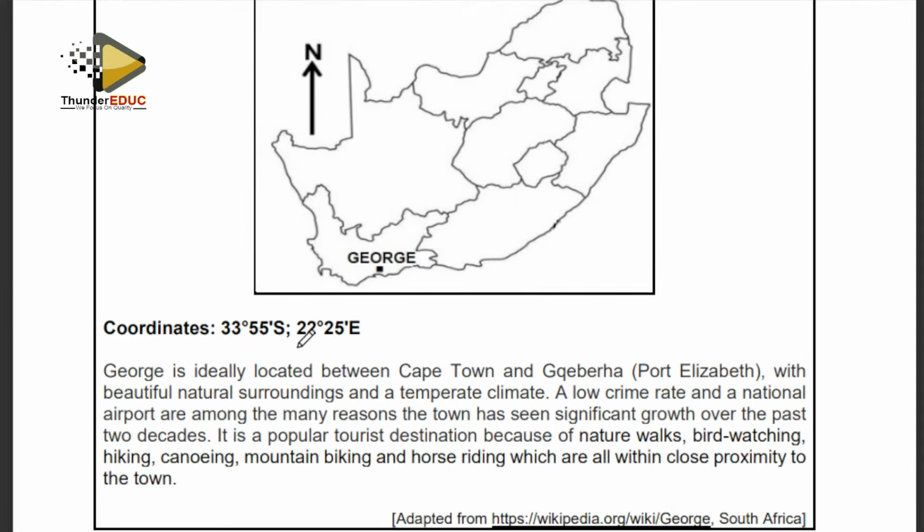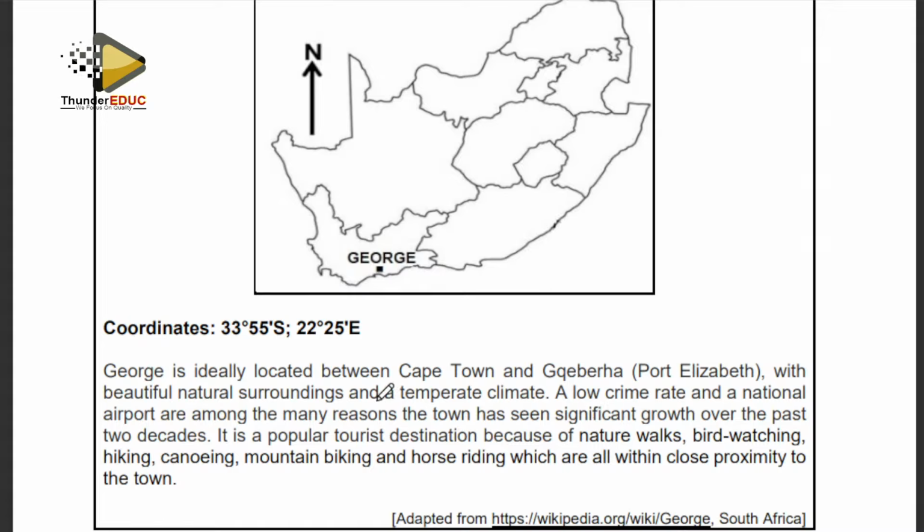Remember, before you look at George, you need to know the information there. George is ideally located between Cape Town and Port Elizabeth, with beautiful natural surroundings and a temperate climate, a low crime rate, and a national airport, among the many reasons the town has seen significant growth over the past 2 decades.